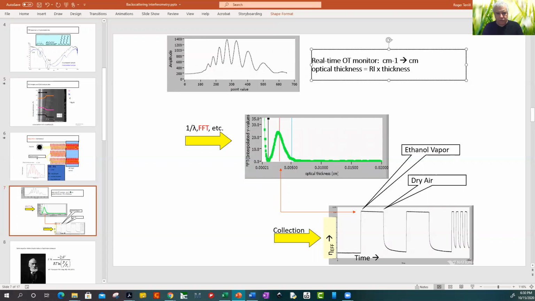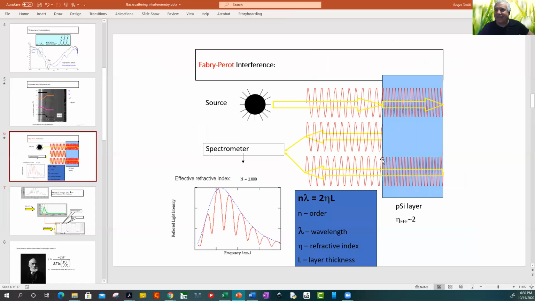So more waves, whatever. You know what I mean? The waves are shorter, so they come out and they add up differently. They come in, they come out. And the optical thickness here is 2 eta L.